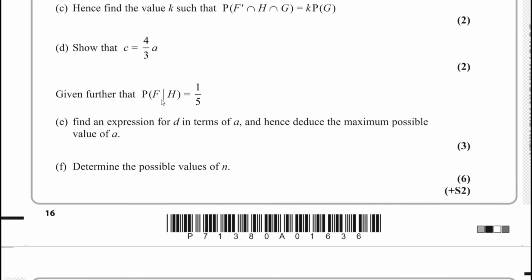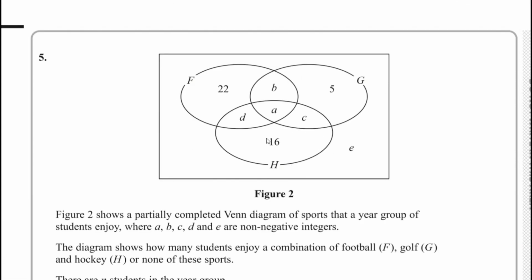Given further that the probability of F given H is a fifth, for part A we have to find an expression for D in terms of A, and hence deduce the maximum possible value of A. So what we are told is the probability of F given H. So given H, how many of those are F?